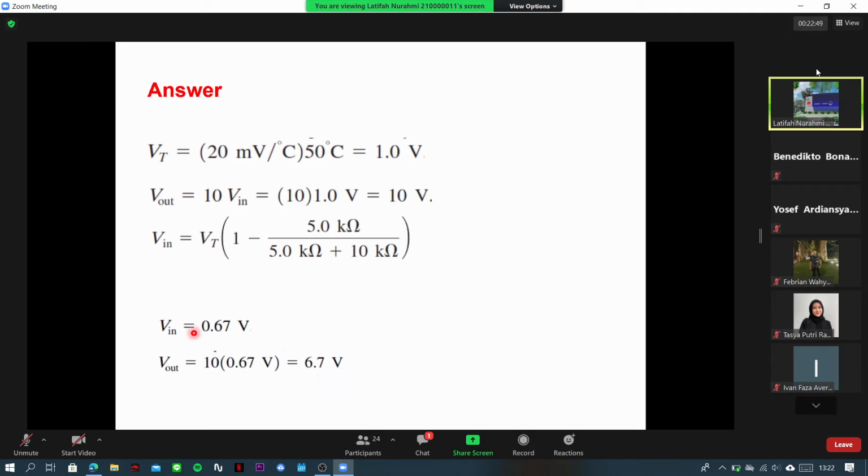It is too small to be read, or to be used for later processing, which means you need to amplify it, make it bigger, so that it becomes 6.7 volt.